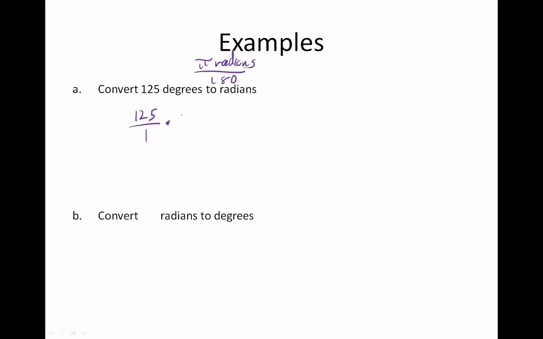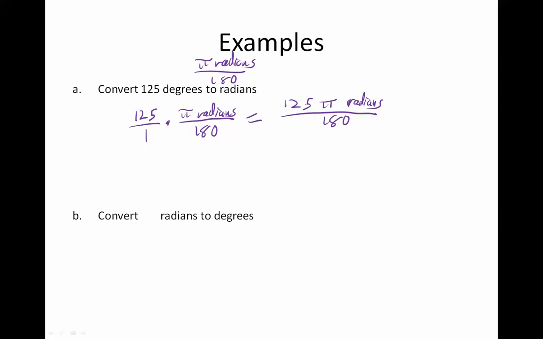So we're multiplying 125 by pi radians over 180. Multiplying fractions, numerator to numerator, denominator to denominator, makes 125 pi radians over 180.